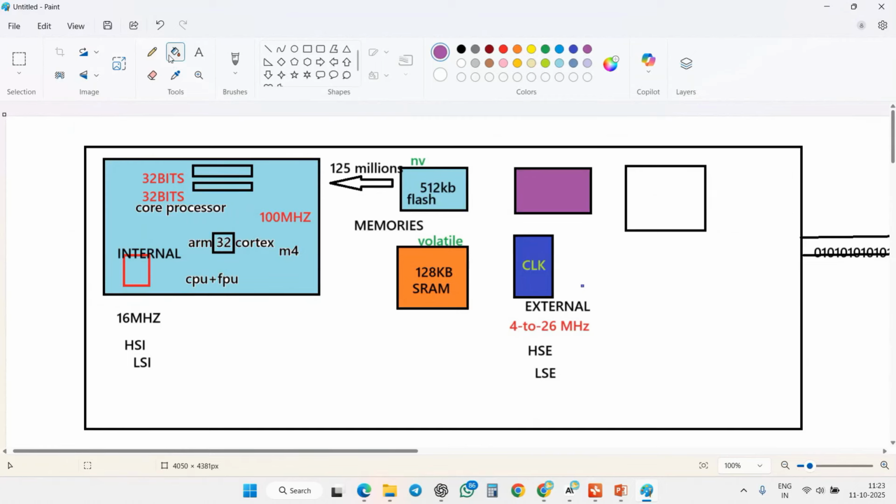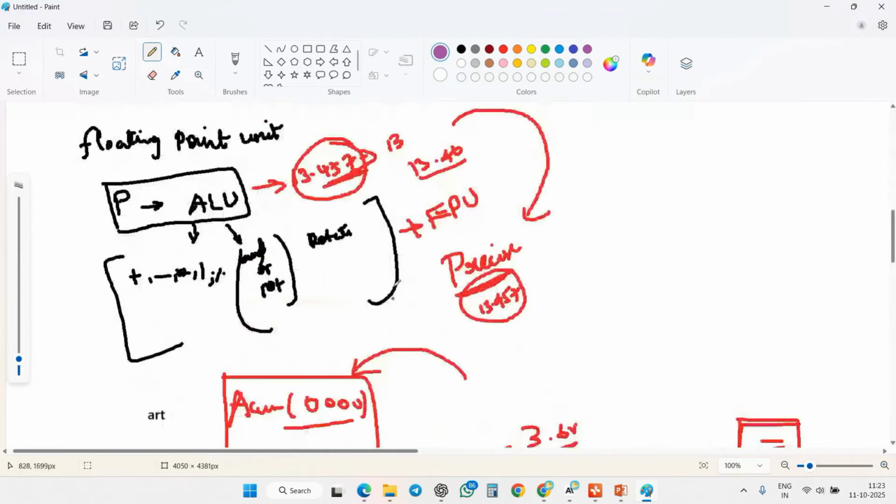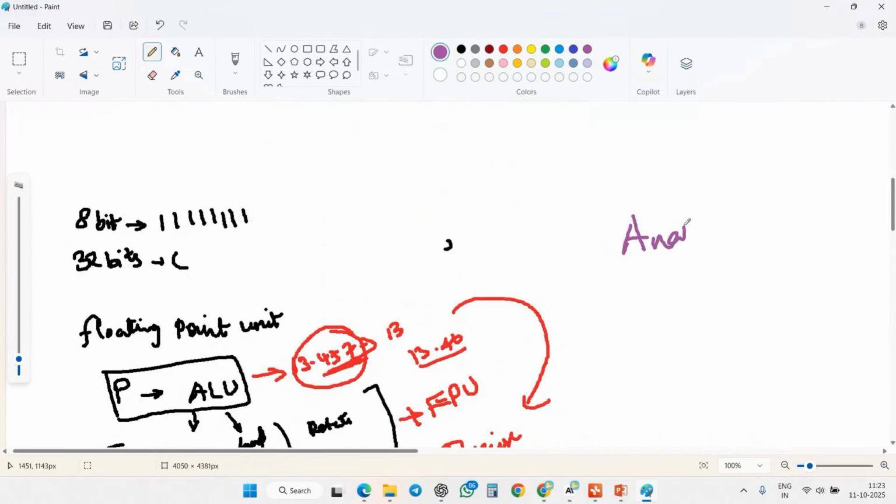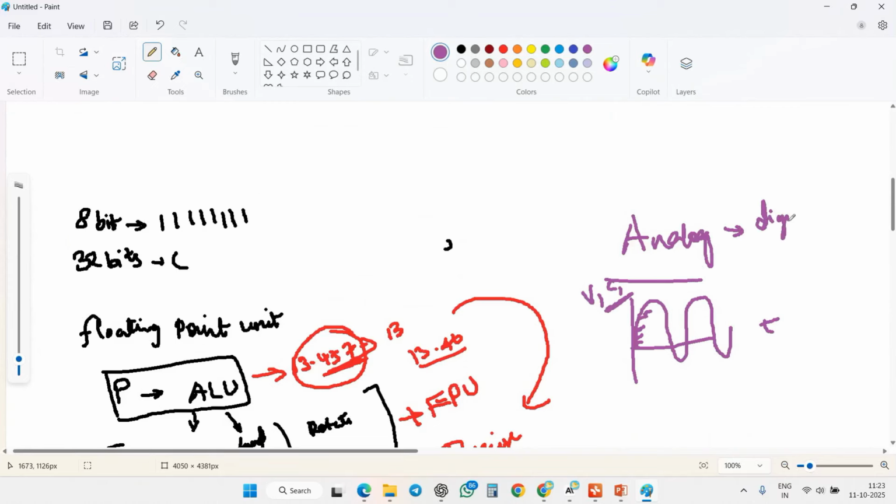Analog data is simple: data that is continuous with time. It cannot be discrete. Whether you are taking voltage, current, or whatever parameter, when it is continuous with time, and at every instant you are getting the data, it is called analog. If it is analog, you cannot get a precise value. We need to convert it into a digital value.